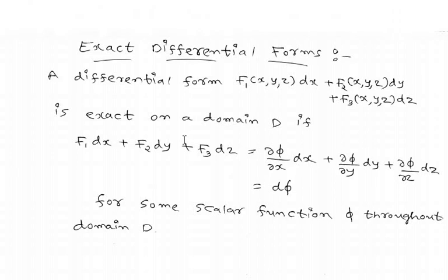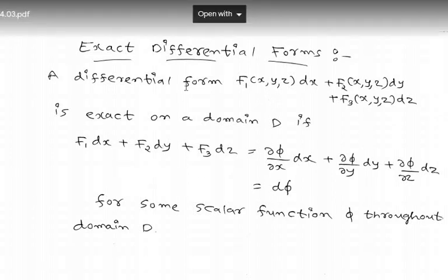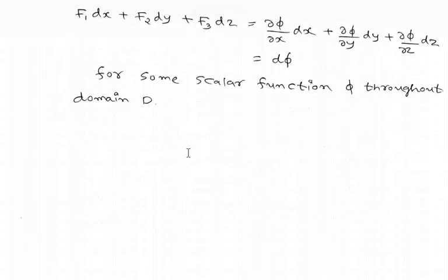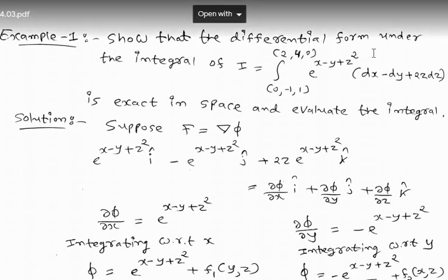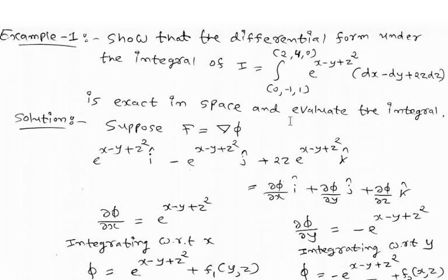I will make you understand this topic with the help of one example. We have to show that the differential form under the integral, that is this one, is exact in a space, and evaluate the integral.